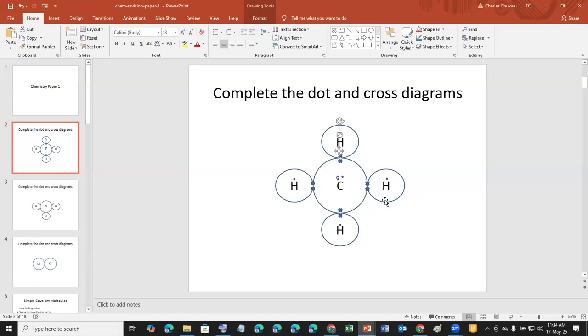Oh, wait a minute. I just did something wrong. Hydrogen is in group 1. Sorry, it's not supposed to have that. Yes, sorry, my bad. That is wrong. So this is how it's supposed to look. Let me delete this.